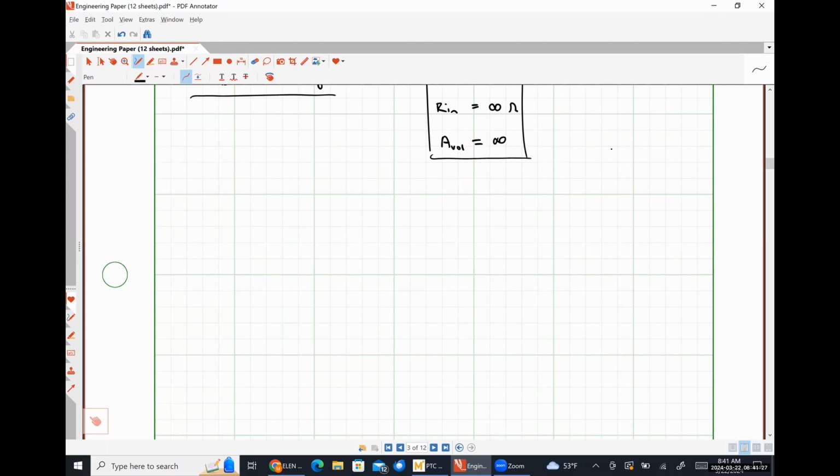So our circuit from our prior example is this, where we have an infinitely large resistor here. Here's V plus, V minus. We know that this is shorted. This is a 5 kilo ohm resistor. This is our 1 volt source.